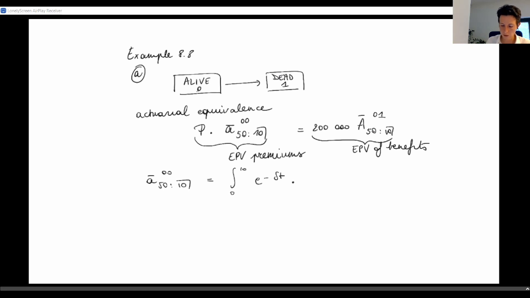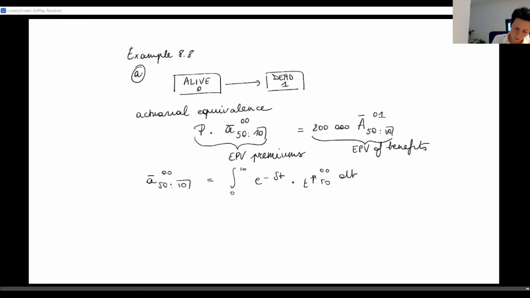Remember, again, I'm working in continuous time. And then I need to take the probability into account that at time t, there will be a payment, in this case, a premium payment. And the probability that that will be the case is the probability that at time t, my policyholder will still be in the alive state. So I have to work with this.